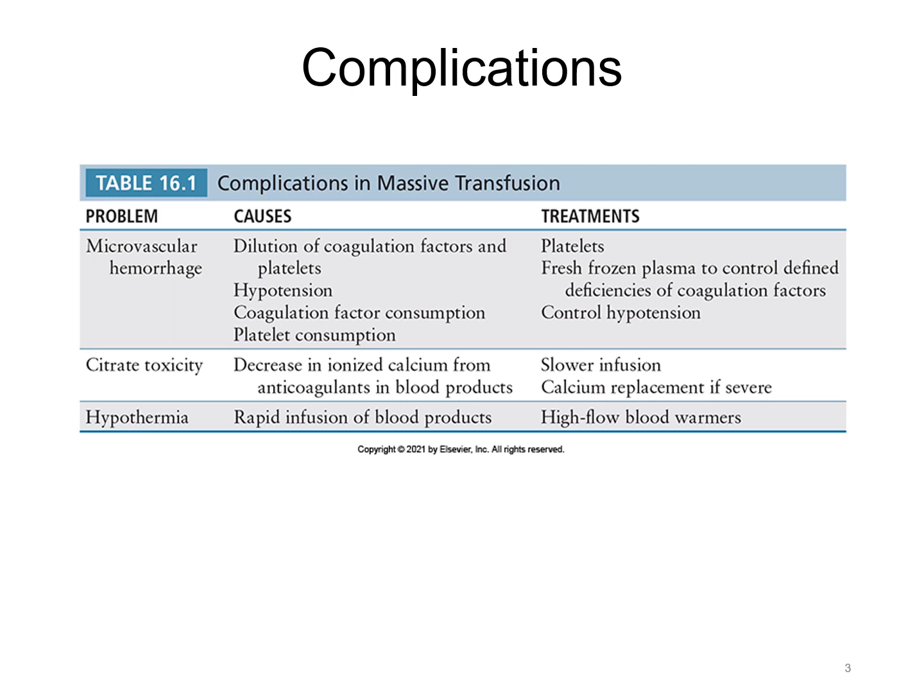When you're infusing a lot of products at once at those cooler temperatures, you can actually cause hypothermia in that patient. So one of the things they can do during rapid infusions is use blood warmers to increase the temperature as it's going into the patient, so it's not as much of a shock, and you're not dealing with hypothermia on top of all of the other issues as well.